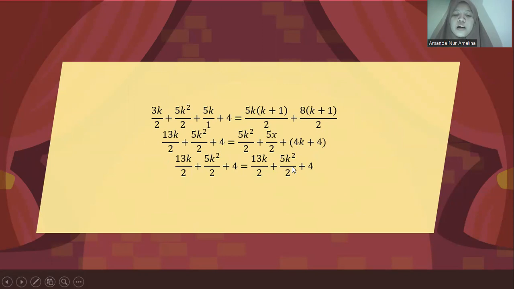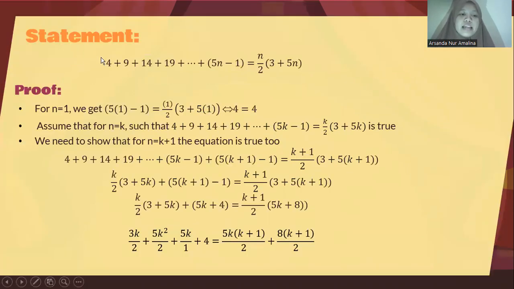So we can conclude that the statement 4 plus 9 plus 14 plus 19 plus and so on plus 5n minus 1 equals n over 2 times 3 plus 5n is true. So it is proven.